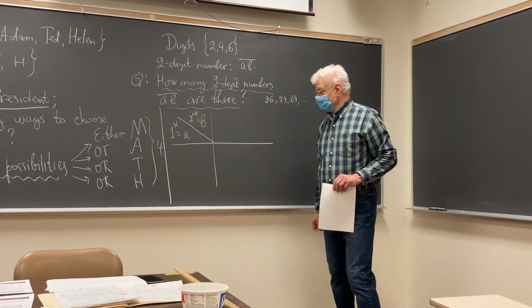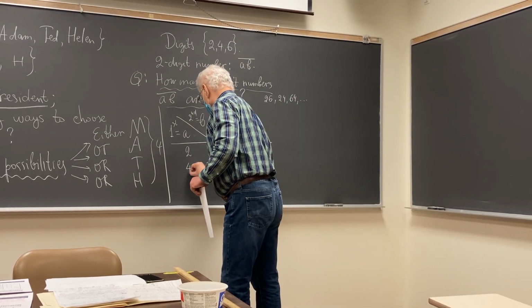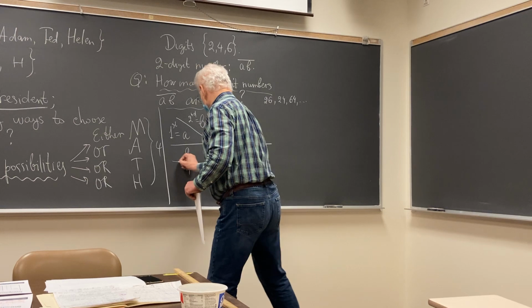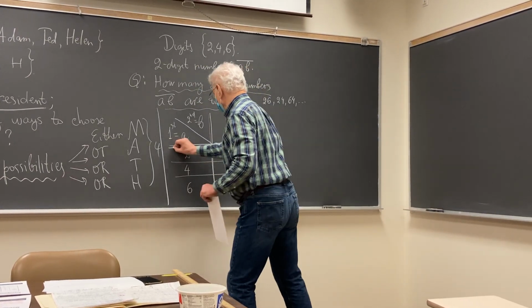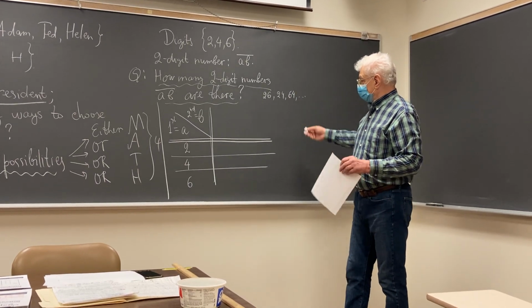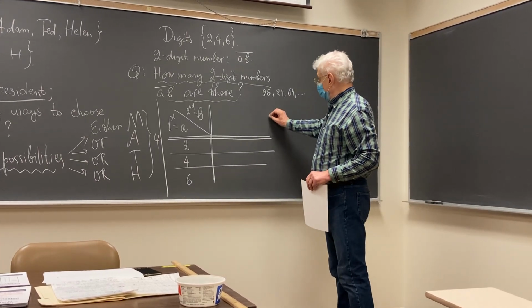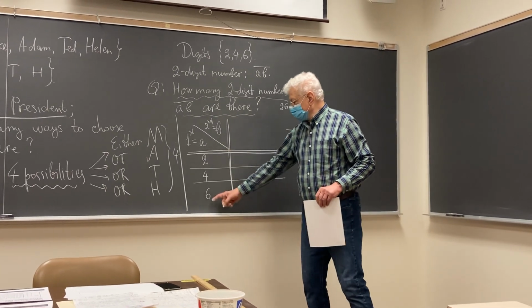So how many? First digit could be 2, 4, or 6. And how do we write such a number AB? You just take two positions and pick one of those, say 4.